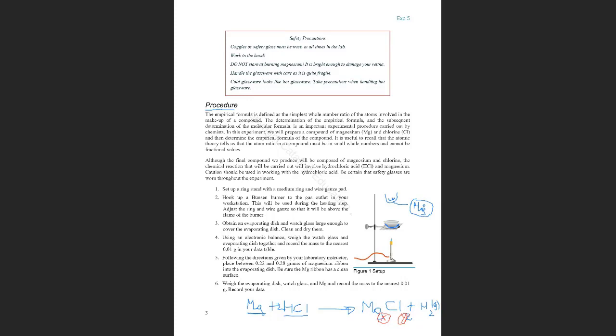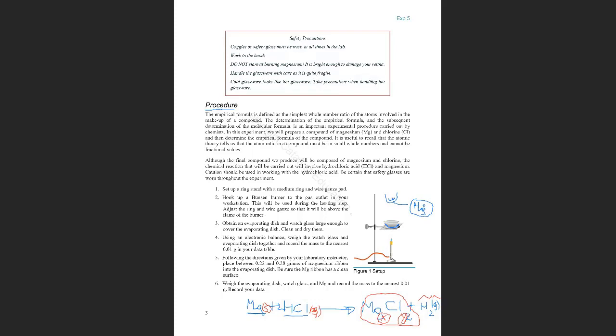So you are going to add hydrochloric acid and you are going to see the bubbles. That is the gas, hydrogen gas, that is formed. And you are also going to see that the solid metal is going to disappear and form this product, the magnesium chloride. And this hydrochloric acid is aqueous.